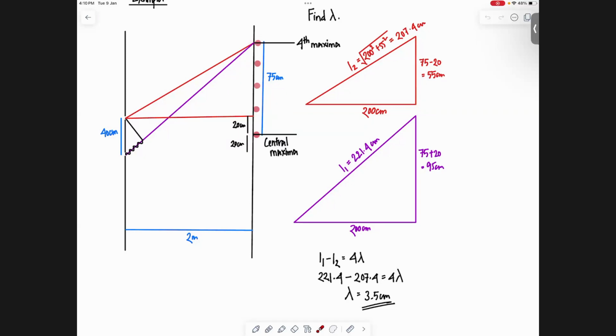The path difference is 4 lambda, which means that the length here and the length here differ by 4 lambda. So you can just find the difference, and that will be 4 lambda, and that's how we found the wavelength, right? So it's a manual method, it comes often in the structured paper, and you get a lot of marks for it as well.